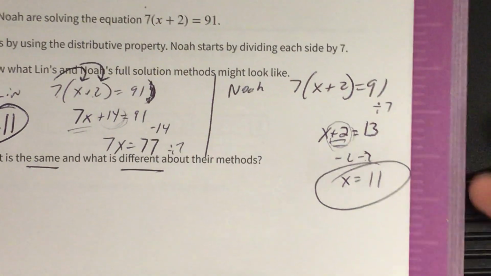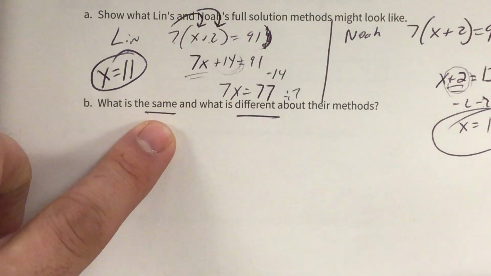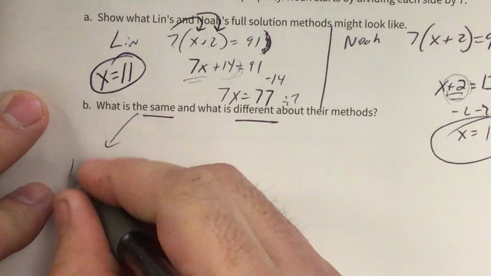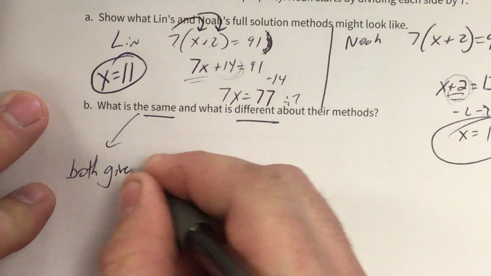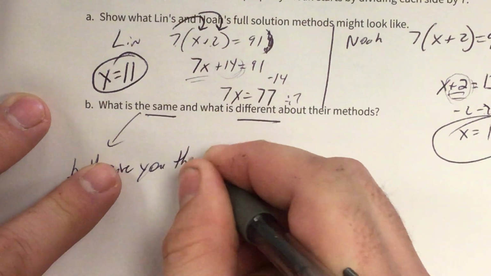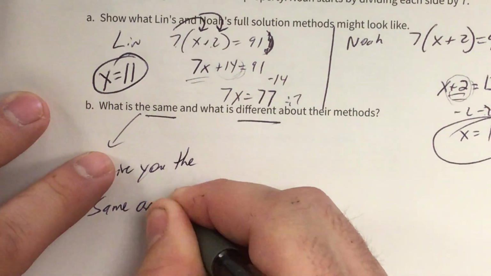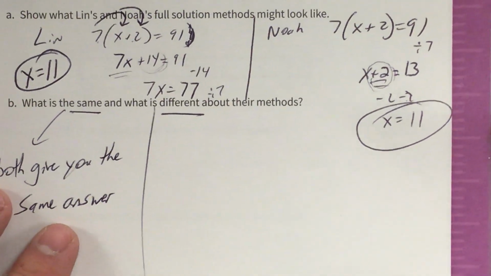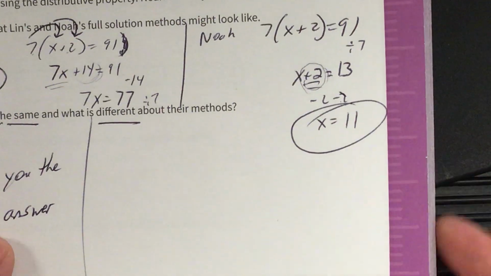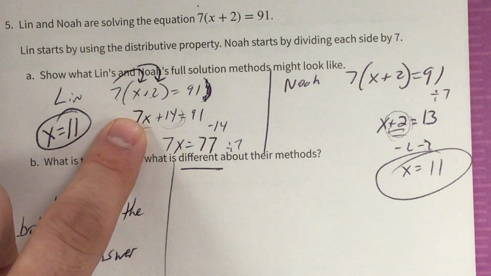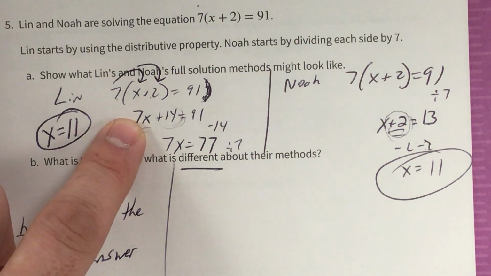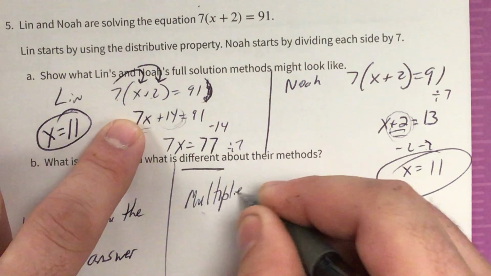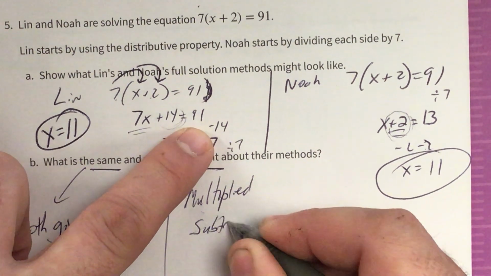Okay, what is the same? What is different about the methods? Let's answer that first. Matthew. They both got x equals 11. Both give you the same answer, which they should. What is different? Well, what did you do first here? We multiplied. And then we subtracted.